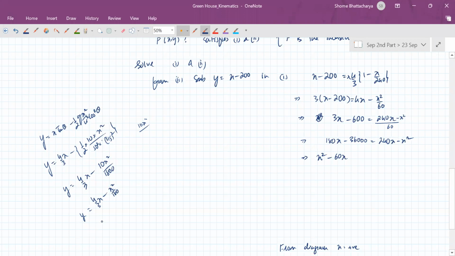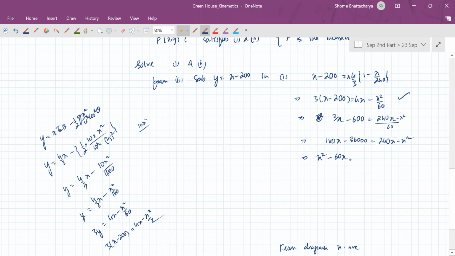So that is giving you the same equation actually. If you take 3y is equal to 4x minus x square by 60, and then you substitute y from that equation as x minus 200, again you get the same equation here. Yes, sir.